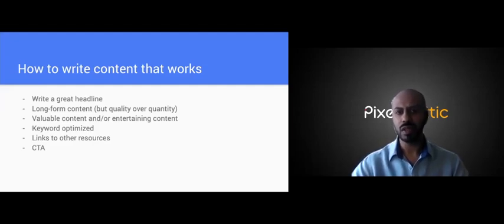So long form content, there are no rules like Anup mentioned. It could be 600 words, it could be 800 words, 2000 words. There are multiple studies that show a correlation between long form content and search engine ranking. So if your content is in and around 2000 words, then other topics of the same keyword or the same theme rank below you if they have a number of words which are less than 2000.